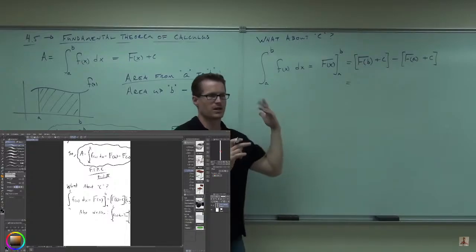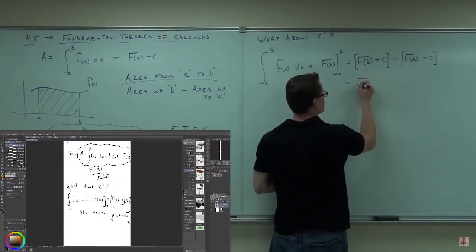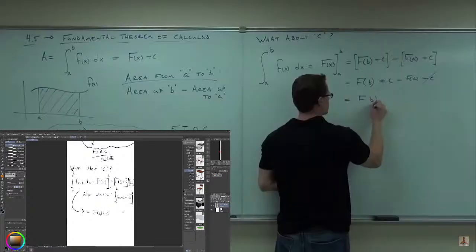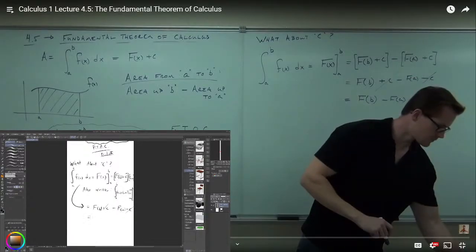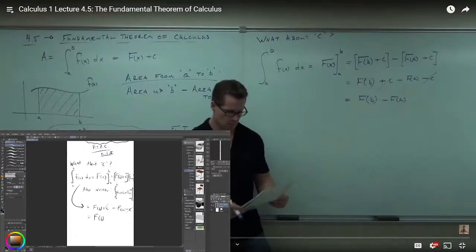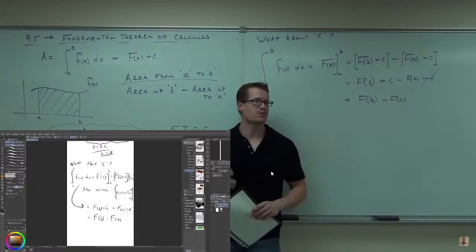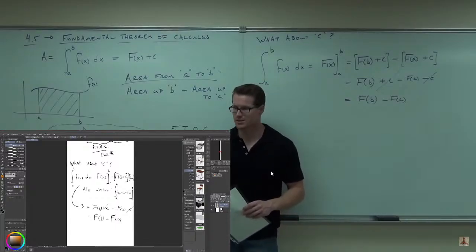The plus c's will be eliminated from your equation. And that's how we get what we get. So the c is gone, drops out, so we don't write it for our definite integrals. Indefinite, absolutely. But definite, we should end with a number, end with an area, because this thing is an area.